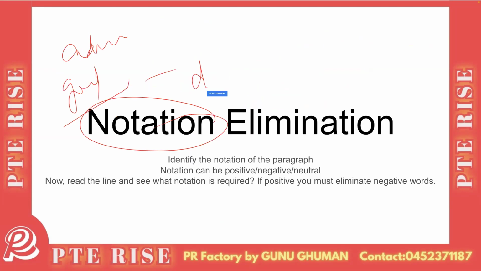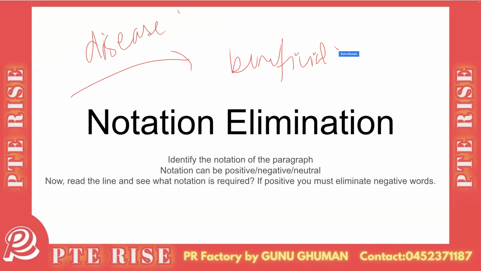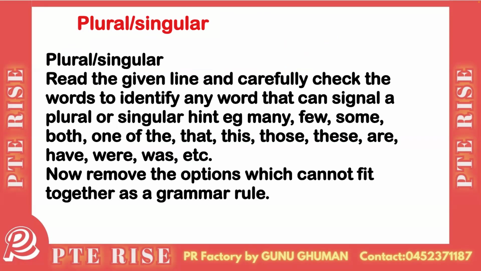And then there is this word called deteriorate in one of the options. Would you pick it? No. The passage is all good. Why are we going to look into a negative word? Similarly, if the whole paragraph is talking about disease, can you say beneficial? No, right? Disease is bad. So we always have to stay alert and find out the notation of the paragraph to answer the questions.